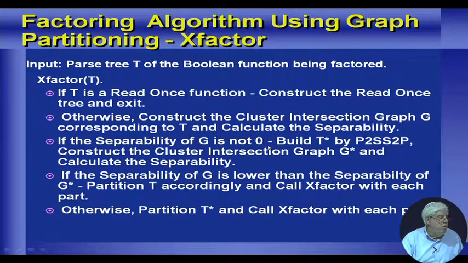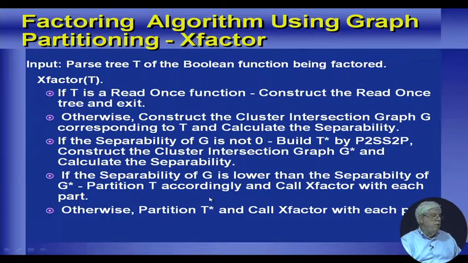Then, before you do anything else, build T star by converting my formula from product of sums to sum of products, or the other way, and construct the cluster intersection graph for that version and calculate its separability. Then I'm going to choose the best of the 2.